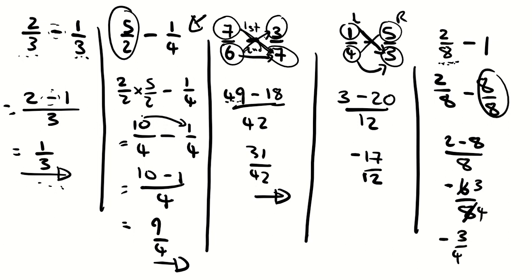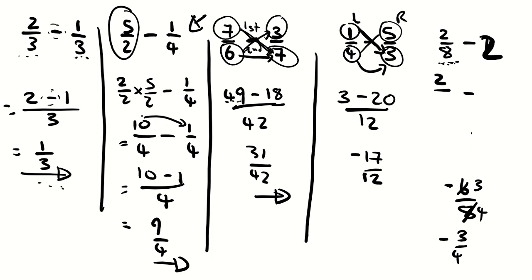That's how you do these questions. If, for example, there was a 2 here instead, how would you do this question? You would still multiply by 8 over 8 because it's like you're multiplying by 1, and therefore you're not changing the value of 2. This is still 2, right?